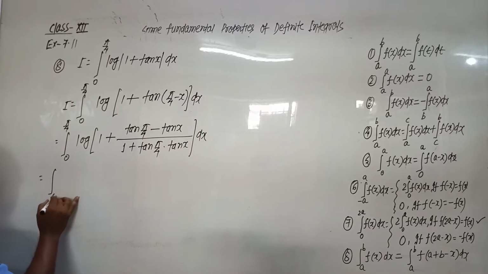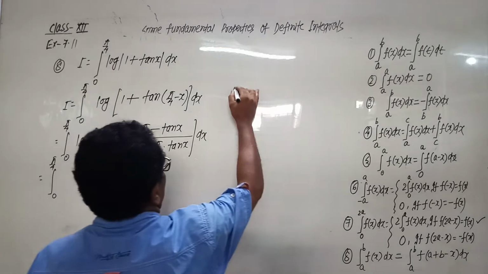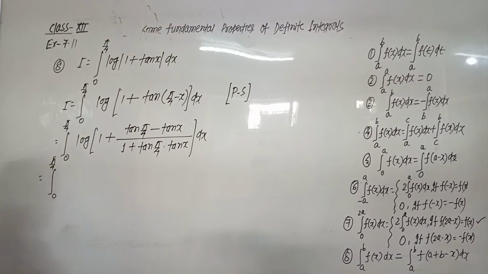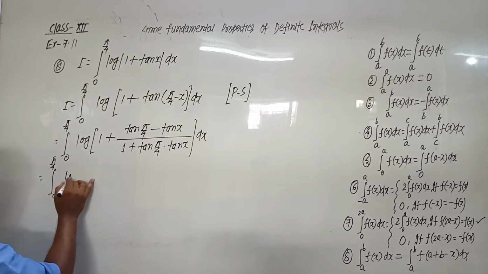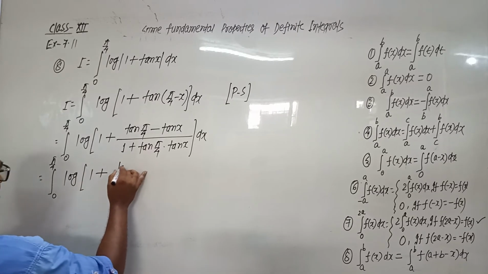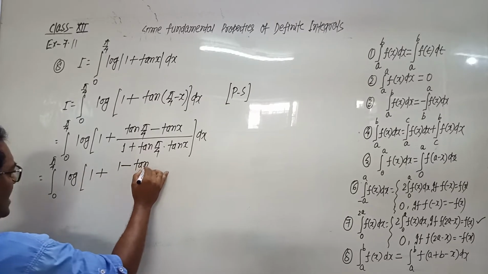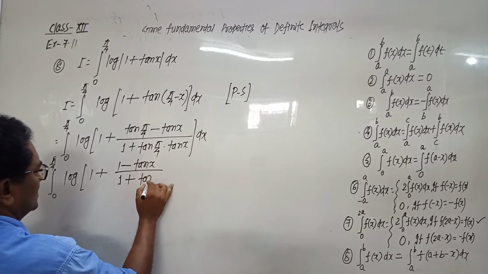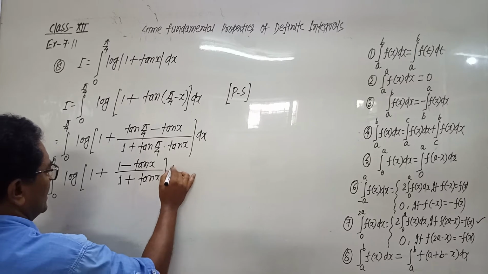So it becomes limit 0 to pi by 4. Here we used P5, property number 5. So 0 to pi by 4 log 1 plus (tan pi by 4 is 1, minus tan x) upon (1 plus tan x) dx.